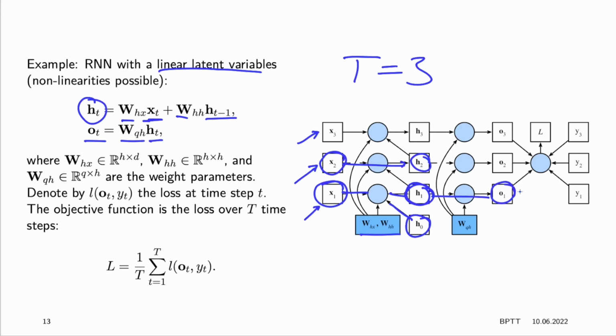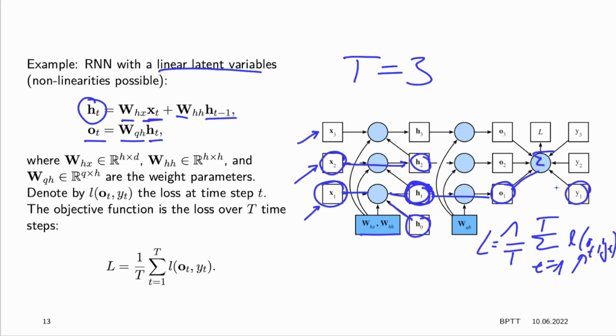Now this output is added to our computation of L, which is given as L equals 1 over T times the sum over t equals 1 through capital T of little l(o_t, y_t). So we're comparing at each time point the predicted output, which is computed as a function of h1, to the correct label y1.